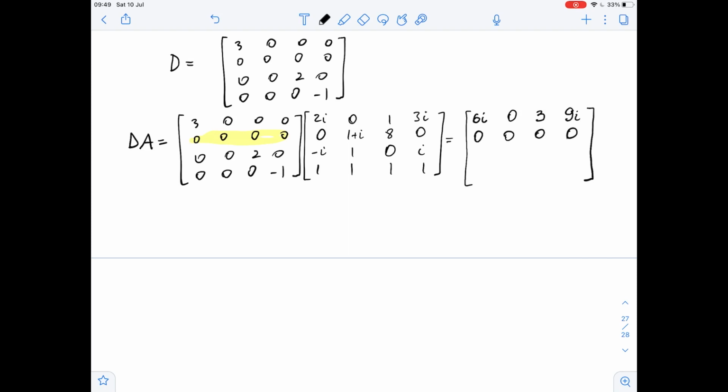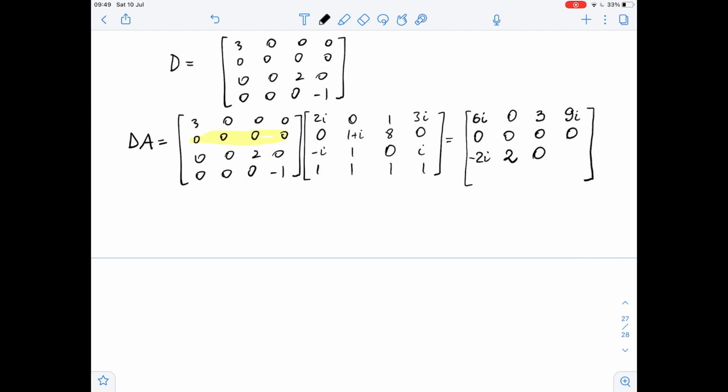In the next row, we have 0 times 2i plus 0 times 0 plus 2 times -i, so -2i plus 0 times 1. Next, it's 0 times 0 plus 0 times 1 plus i plus 2 times 1, so it's 2 plus 0. Next, it's 0 times 1 plus 0 times 8 plus 2 times 0 plus 0 times 1, so 0.